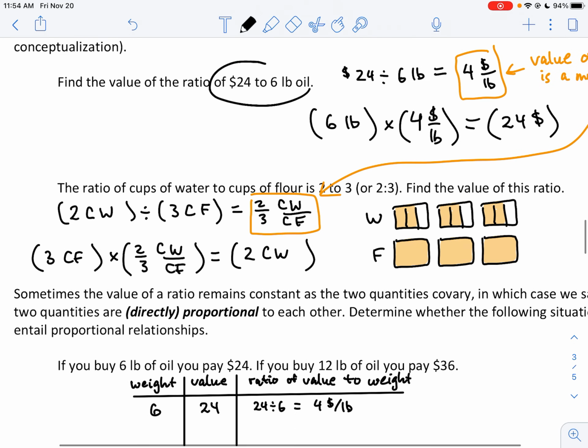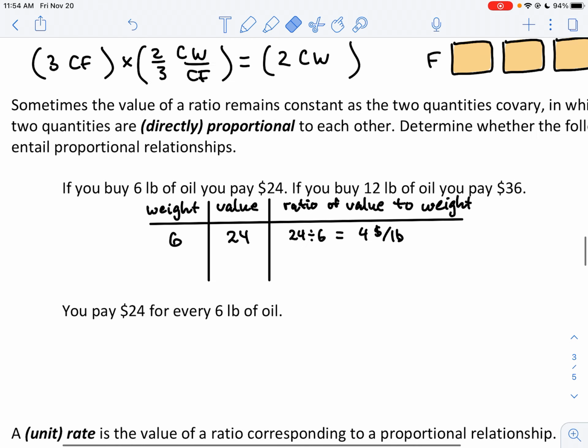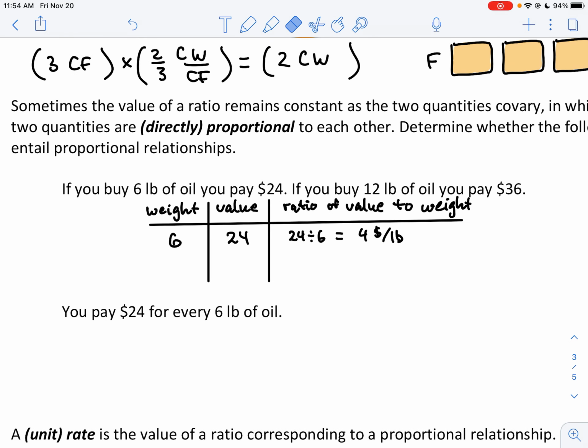Okay, notice this is the same situation up here. And later, we buy 12 pounds of oil, and we pay only $36. And so when I do this ratio, I do 36 divided by 12. That's going to give me $3 per pound.